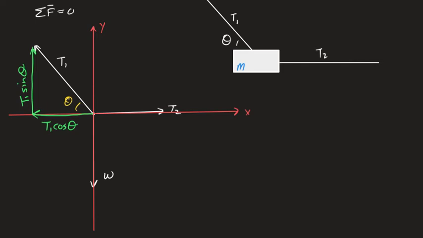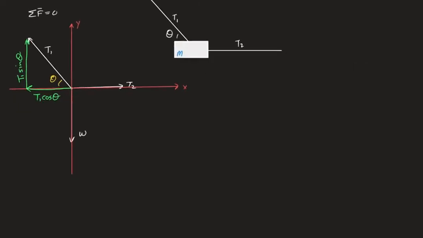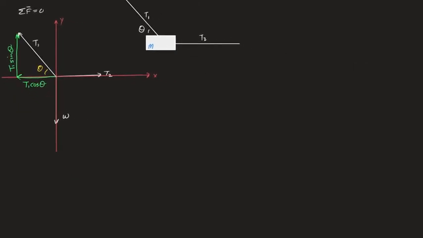And although I will not expect you to do what I'm about to do, I do think it's worthwhile to understand that at this moment, my problem has just been turned into two one-dimensional problems where I have weight downwards, I have T1 sine theta upwards.